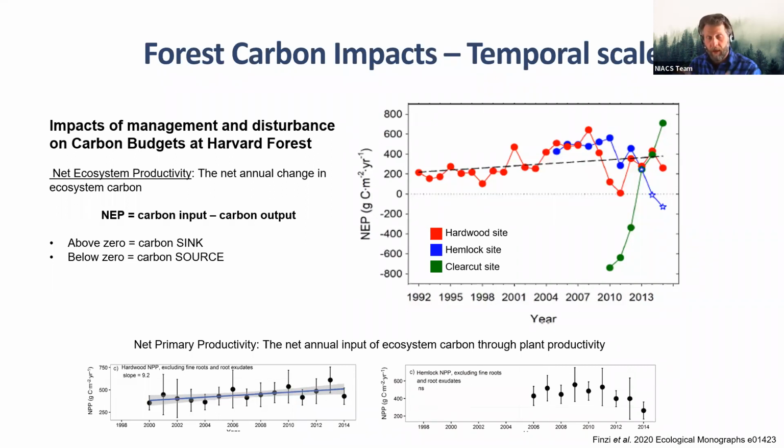So that's just looking at the carbon inputs driven by photosynthesis. In that hardwood stand, it's just going up. The figure on the right-hand side is the hemlock stand, and you can see it's maintaining, maybe going up a little bit, and then it starts to go down.